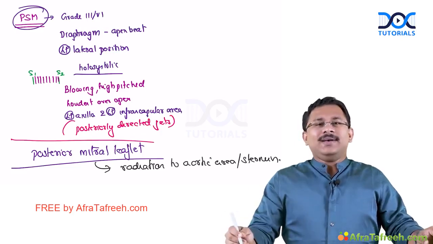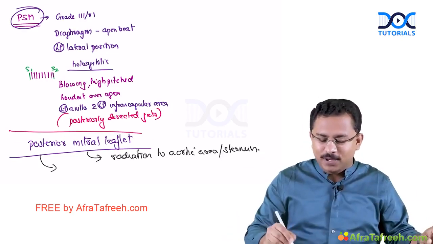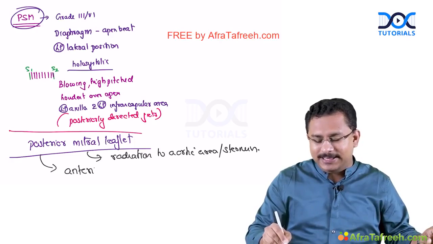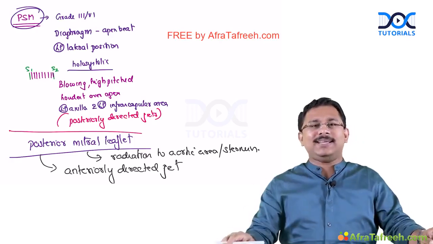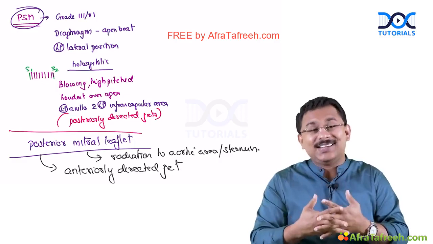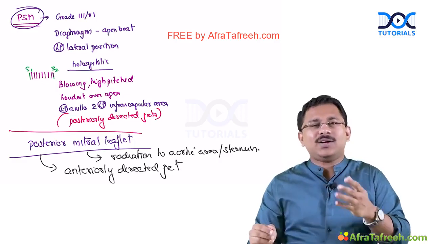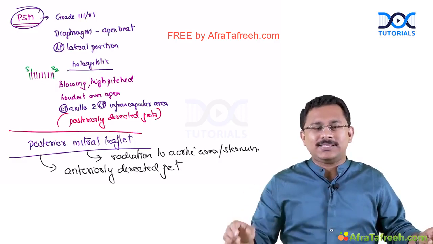This is because in case of posterior mitral leaflet involvement, you will have an anteriorly directed jet, in contrast to the posteriorly directed jet. So here it strikes the LA wall just adjacent to the aortic root, because of which you will have a murmur radiation to the aortic area or the sternum.